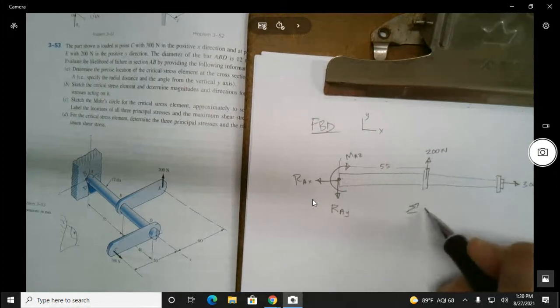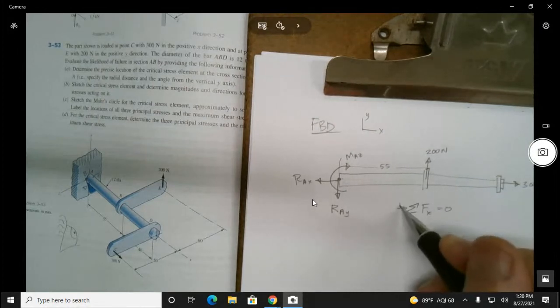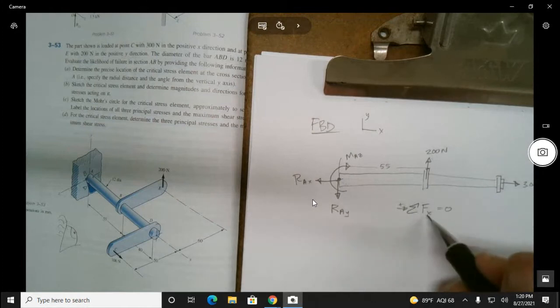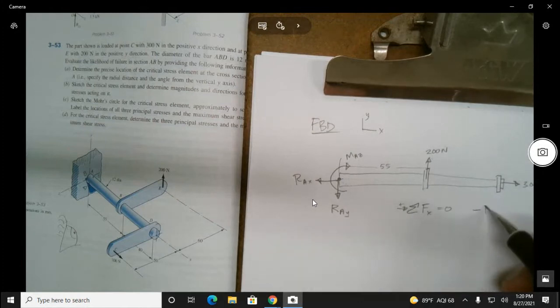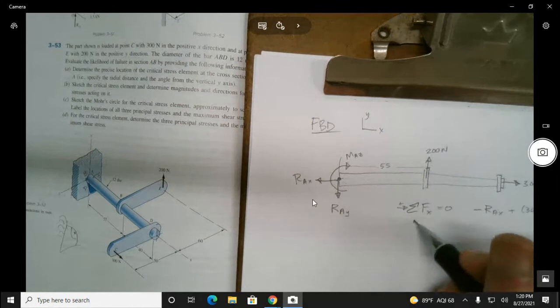And we could write this out, and maybe I should. I think I got lazy in class, and I wonder if that's going to come back to bite me. But we can write the reactions right here. We just say RAX plus 300 equals 0. RAX equals 300. No kidding. There's not much on there.